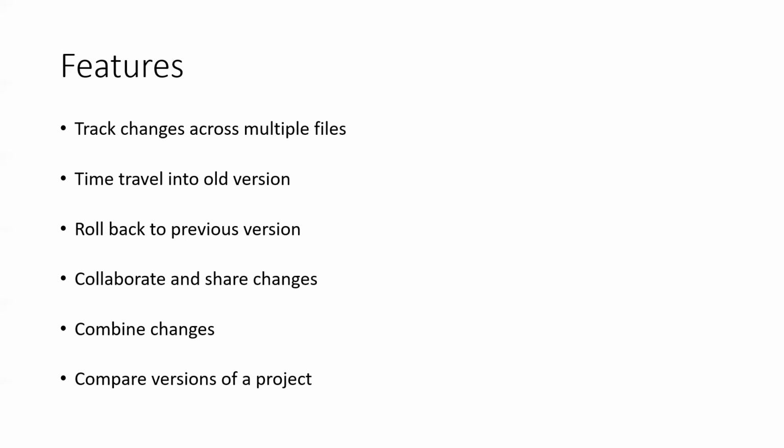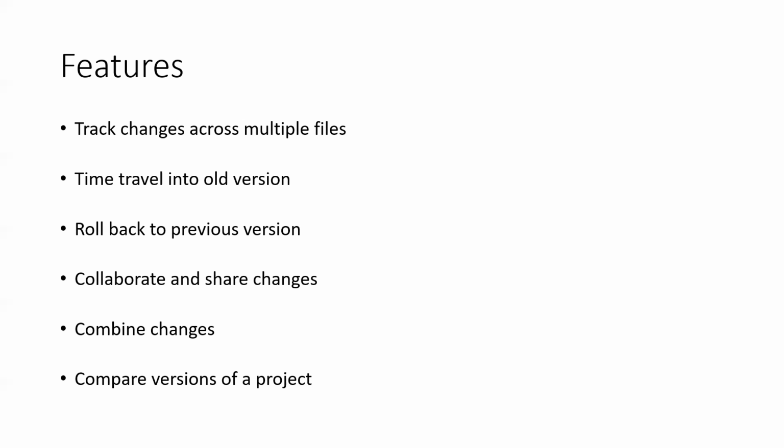Collaborate and share changes. If multiple developers are working on a single project, we can share the changes. We have to push each of our changes to the main branch or main repository so that everything is available. Otherwise, one developer has worked and committed his work and that moves to production, while another developer might have also committed their side's code, which is a faulty one and should not go to production.